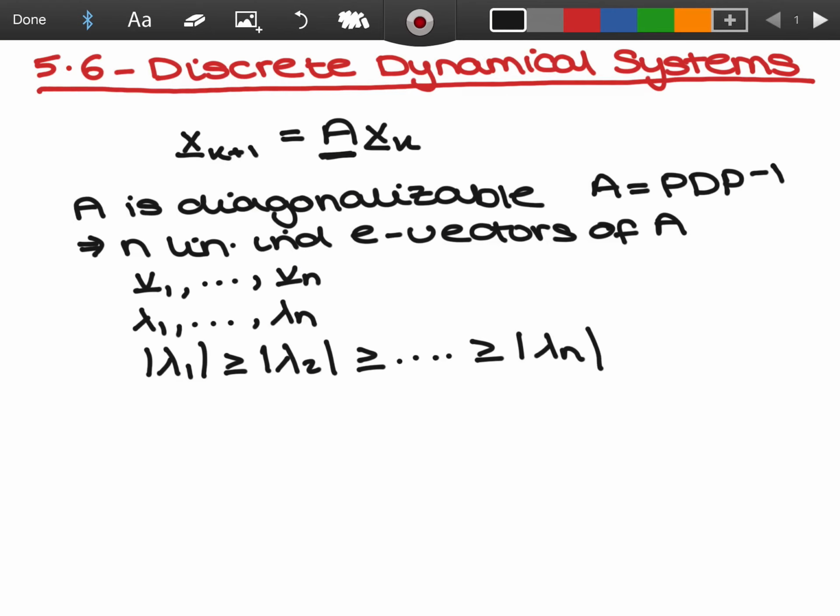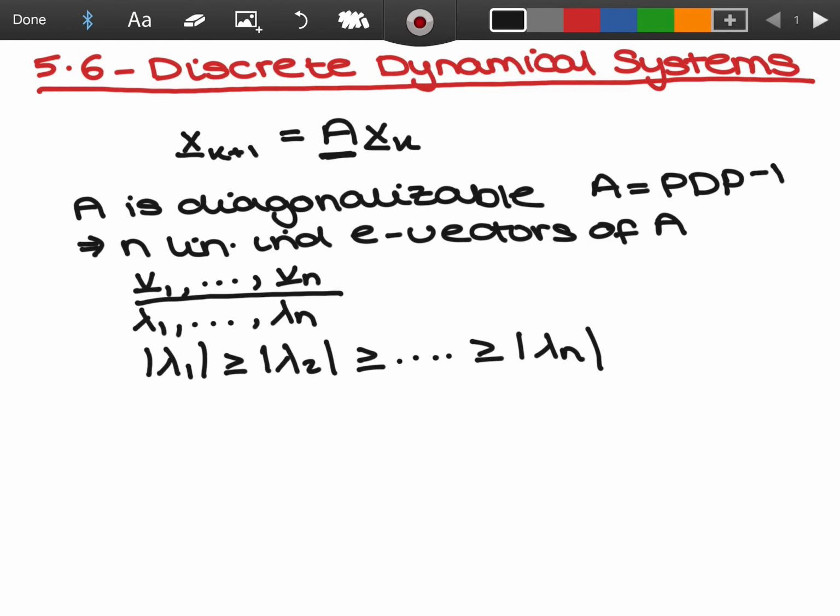Now, because the eigenvectors v1 through vn are linearly independent, what does that mean? It means that they form an eigenvector basis of Rn. I have n linearly independent vectors that span all of Rn.